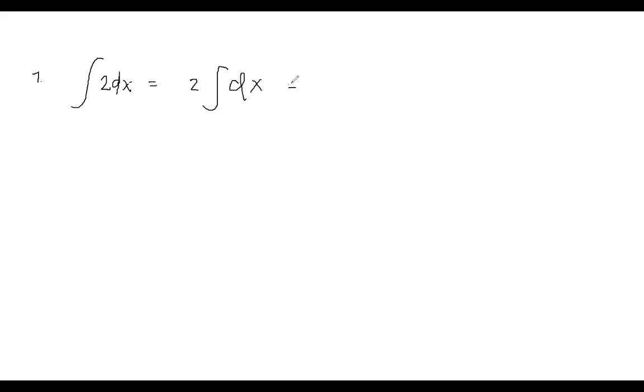And if we remember, the first property is that the integral of dx is simply x. Therefore, the integral of 2 dx is simply 2x. So, seems pretty easy, right?